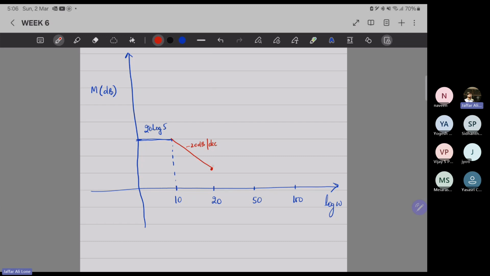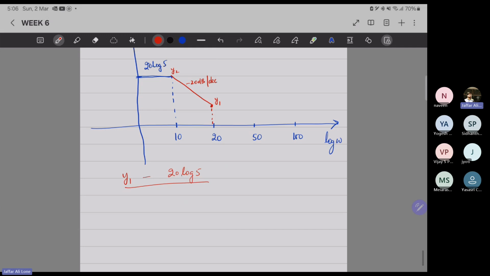Why? Because if you have to find the x, let me take this as y1, and you know the value at this y2, you know the value of x. It will be something like this. For example, y1 minus 20 log 5, which is y2, divided by log of 20 minus log of 10, right?